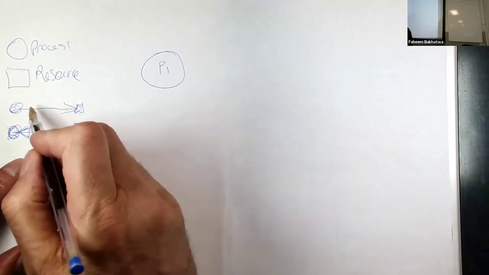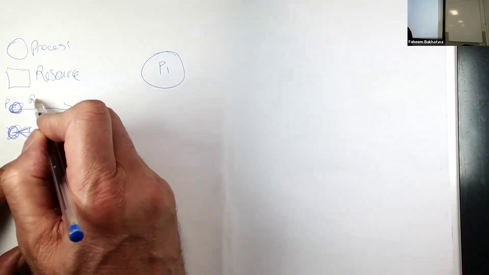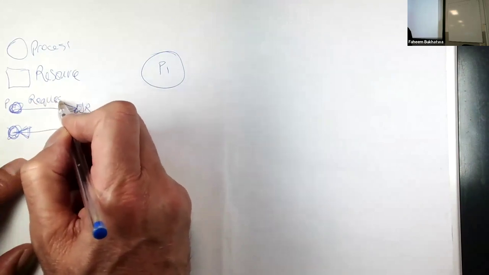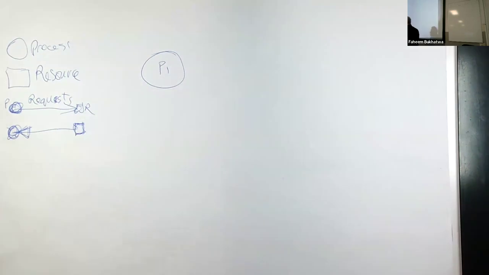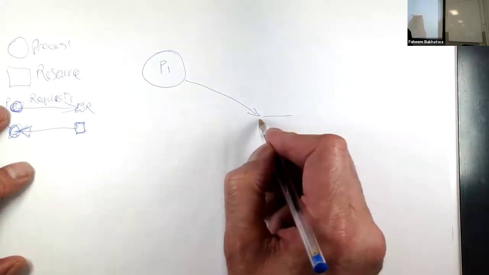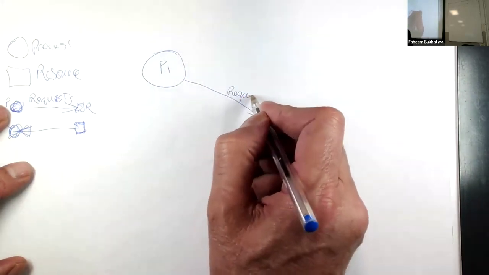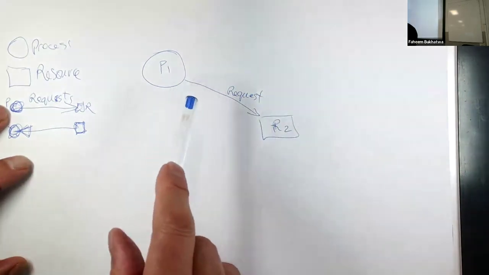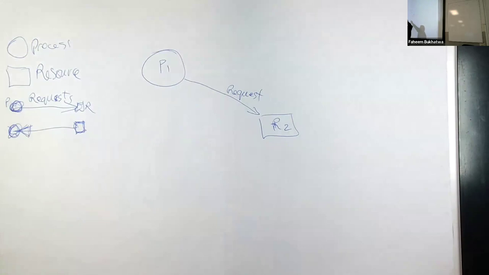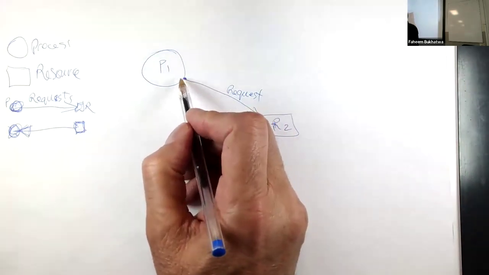If the process is pointing at a resource, it means it's requesting. We use the word request or requests. So if we are told process number 1 is requesting resource number 2, that's how you read it. When you read it, you start at the tail of the arrow and go in the direction of the arrow, towards the head.